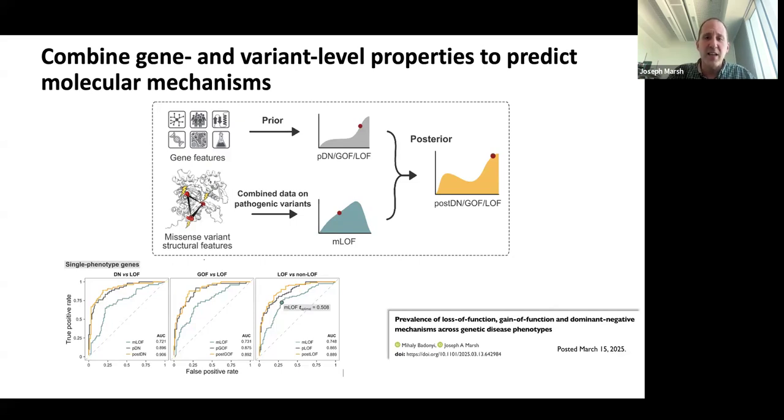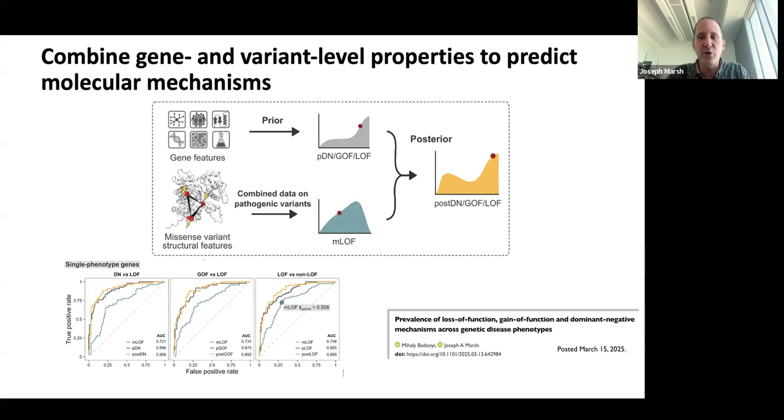Basically, it takes information about the gene, structural properties of the protein, and population information, so how evolutionarily constrained it is and how much variation there is in the population, a bit of information about protein function, for example, and it combines this with structural properties of a set of disease-causing missense variants.